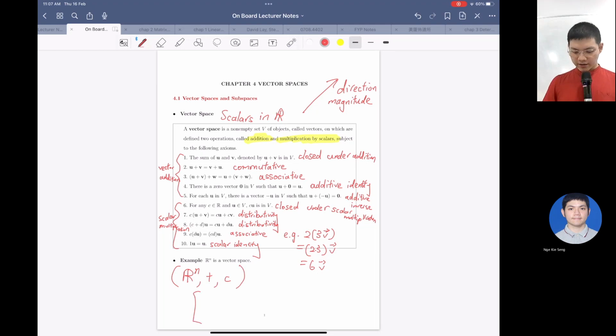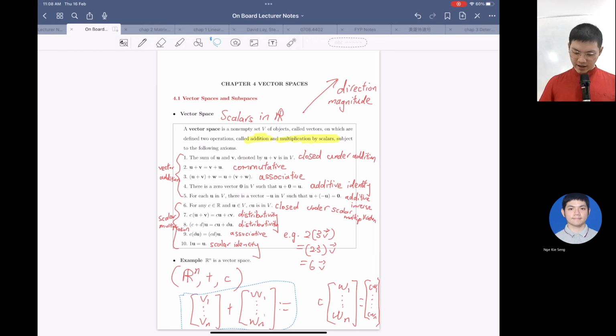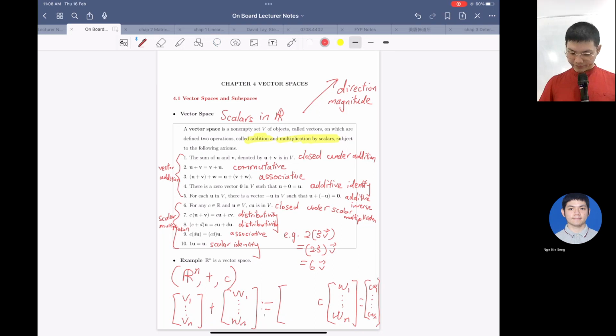You can add two vectors together, which is what we defined before, entries by entries. And we know how to multiply a scalar to a vector, which is defined to multiply on every entry.